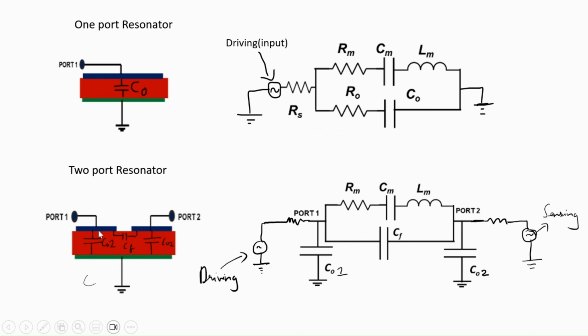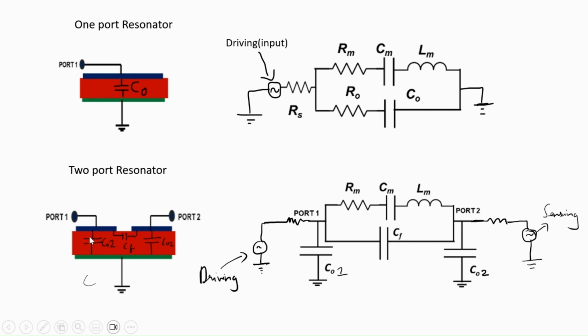From that you get C01, the capacitance due to the driving electrode, and then you have the capacitance of the sensing electrode, C02. Similarly you will have the RM, CM, and LM produced due to the motion, called the motional arm. And then you have a CF.